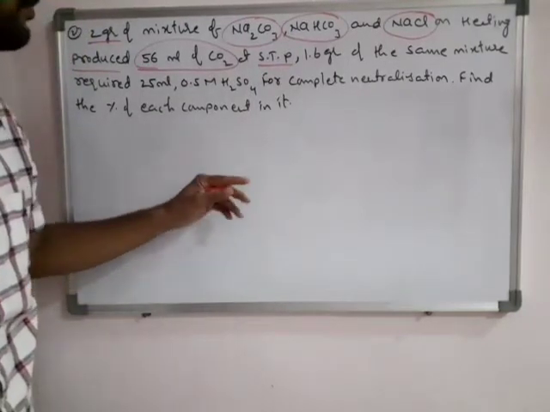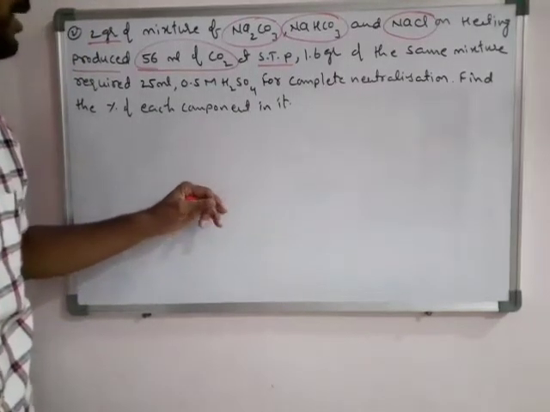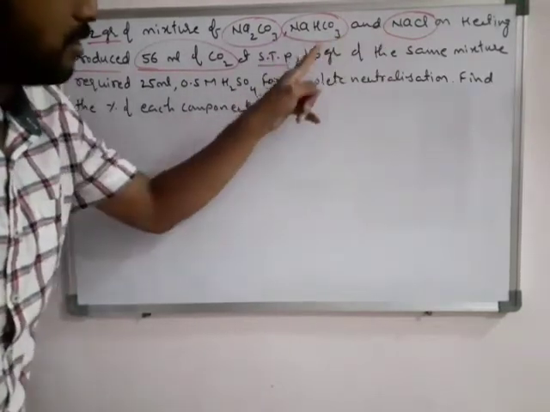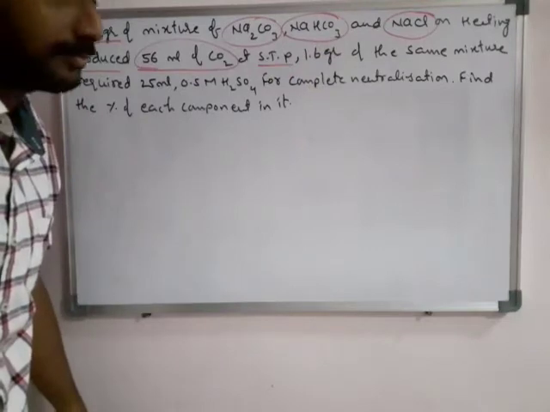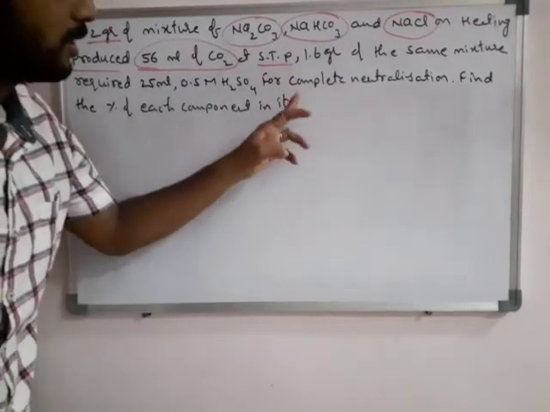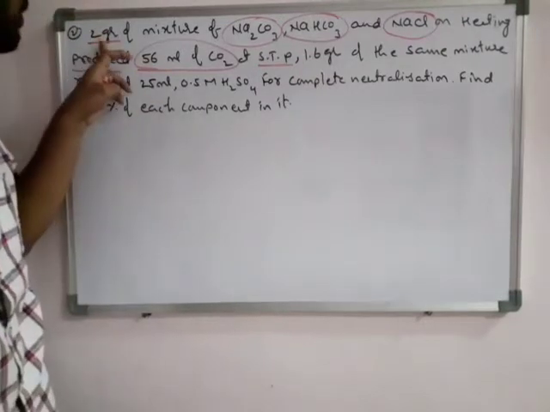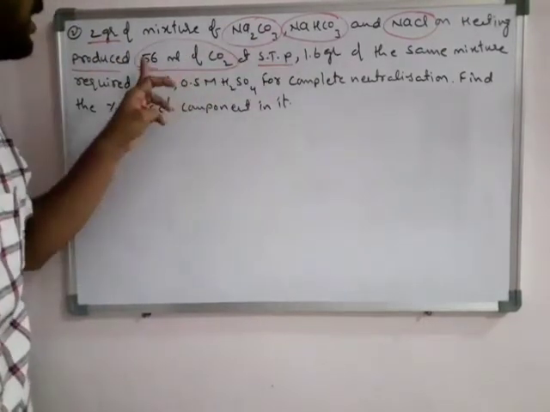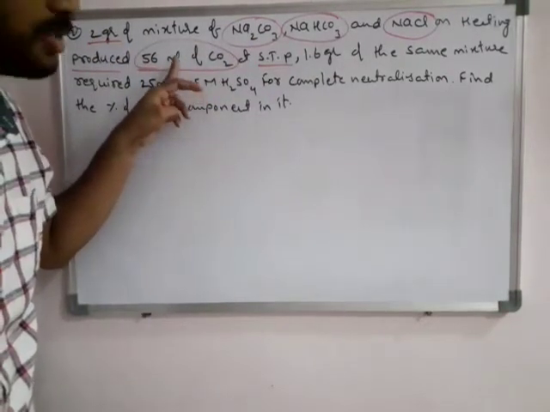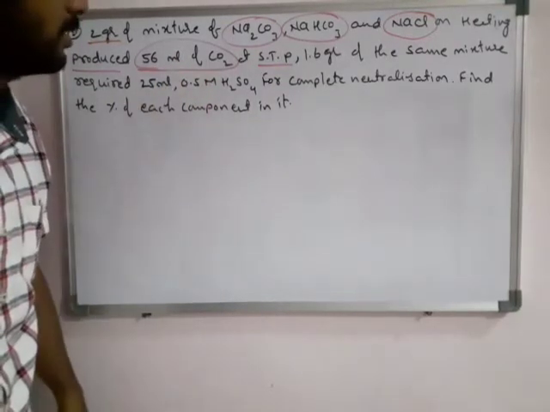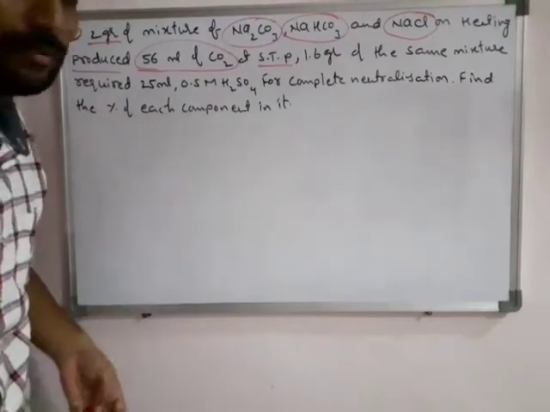The clue is that the mass of even one of these three is not given to us. It is given that the total mass is 1.6 grams. But it is also given that 2 grams of the mixture on reacting releases this much CO2. So this is the clue to find out the percentage of one compound.